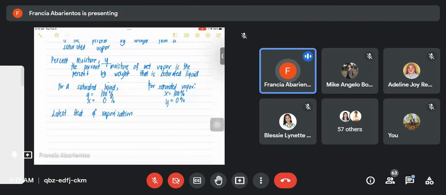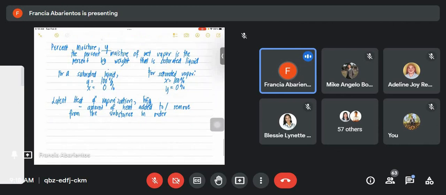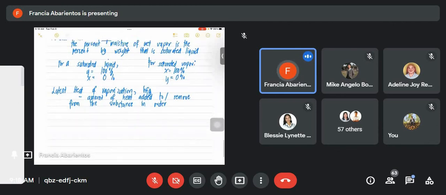This is the amount of heat added to or removed from the system or the substance in order to convert it. This is the hfg, which is what we usually compute and use in the Rankine cycle.